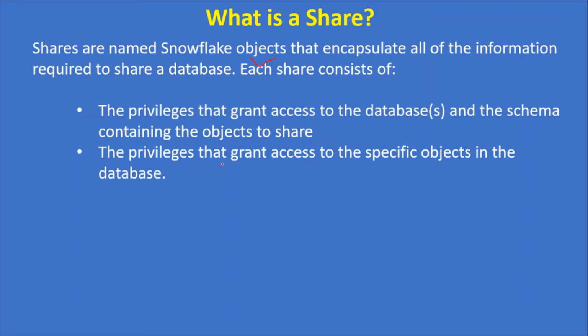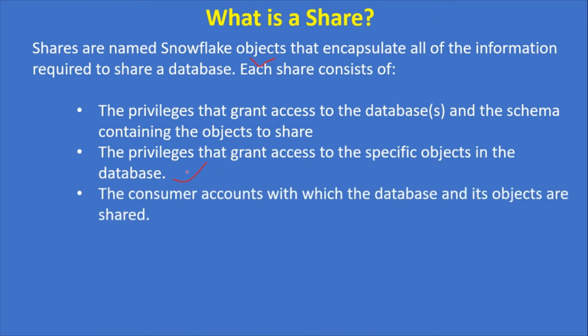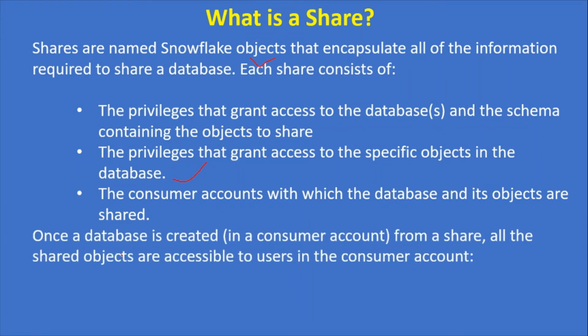These privileges grant access to the specific objects in the database, not the entire database. It also includes the consumer accounts with which the database and its objects are shared. Once a database is created in the consumer account from the share, all shared objects are accessible to users in the consumer account.